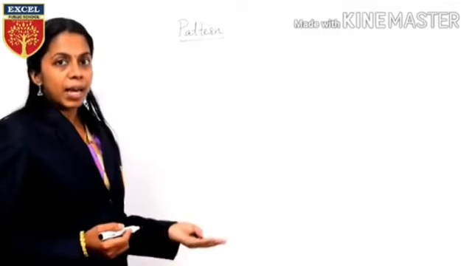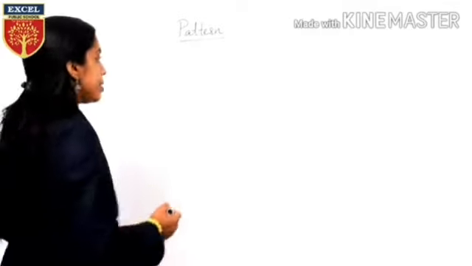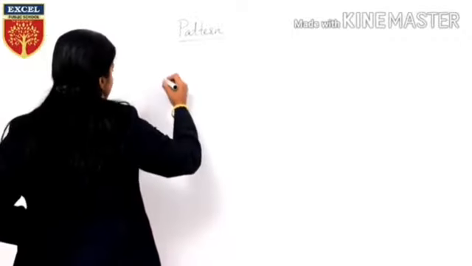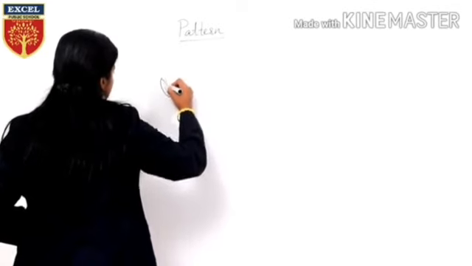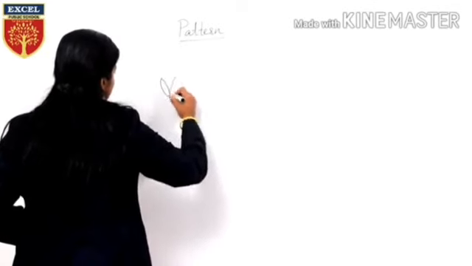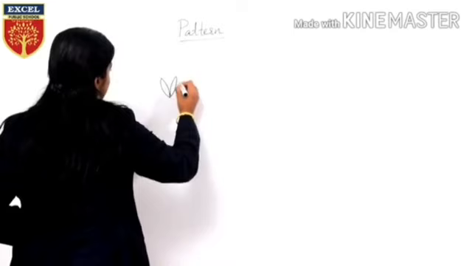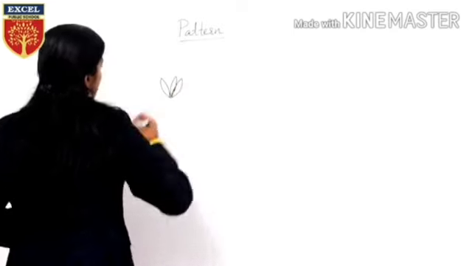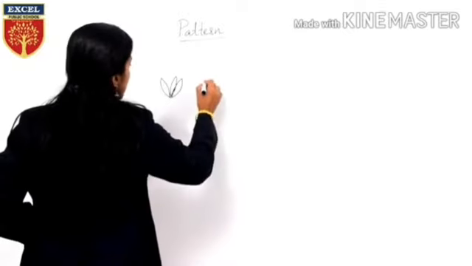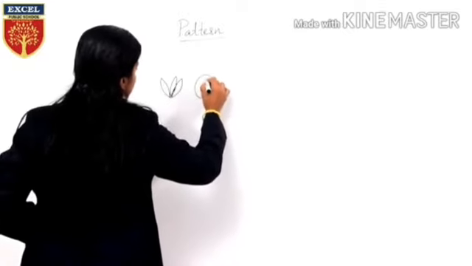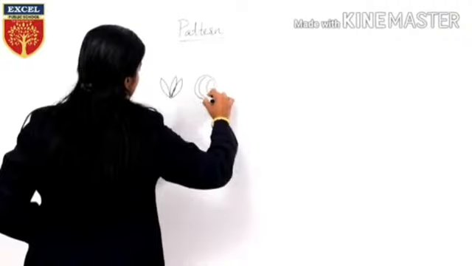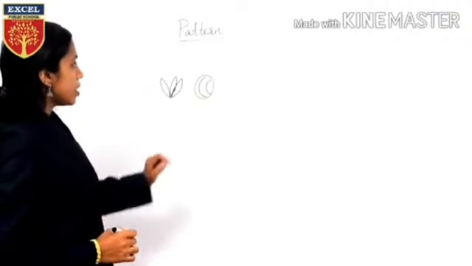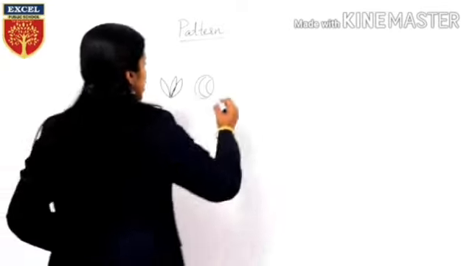Let's see some pattern. For example, here I am going to draw a flower, a 3 petals flower. Then a ball. What will be the next one? Yes, next one also a flower.